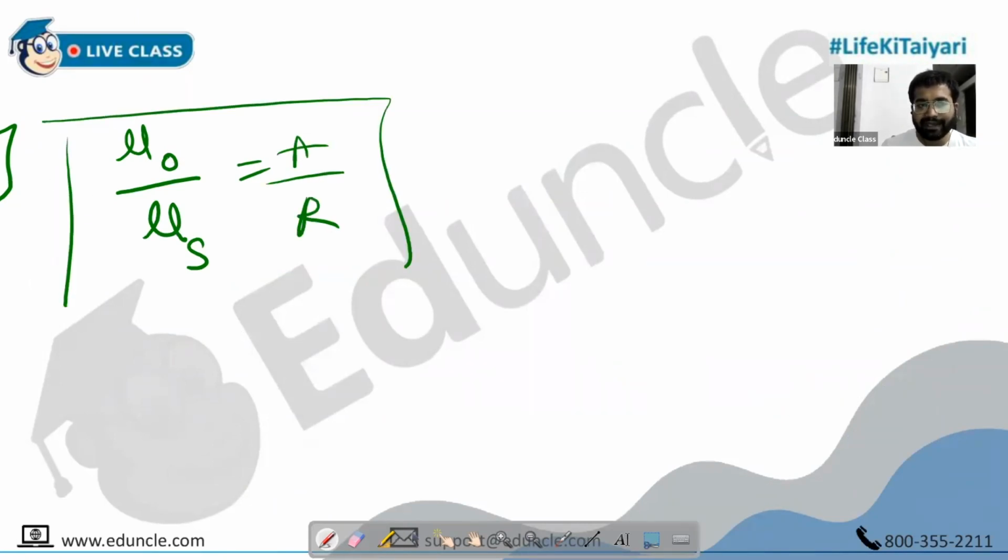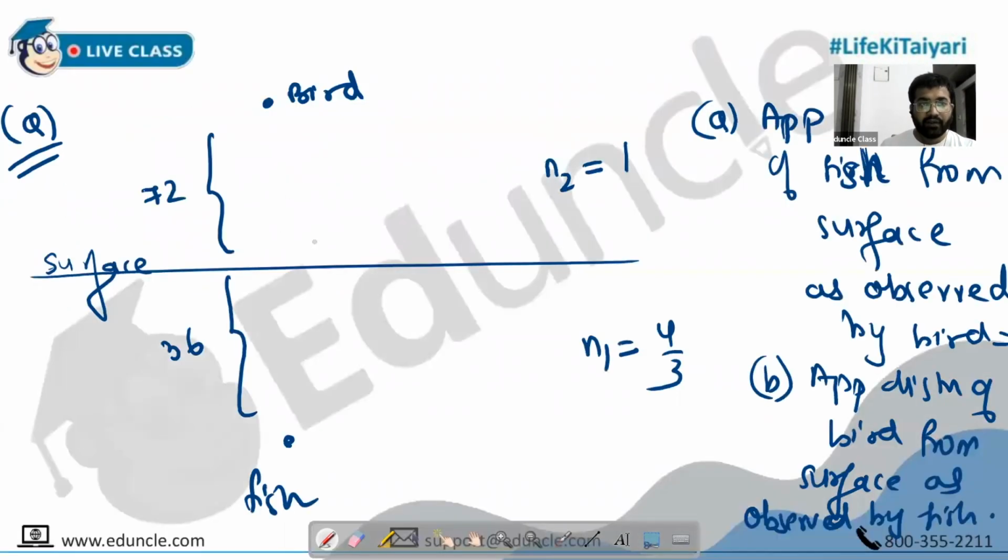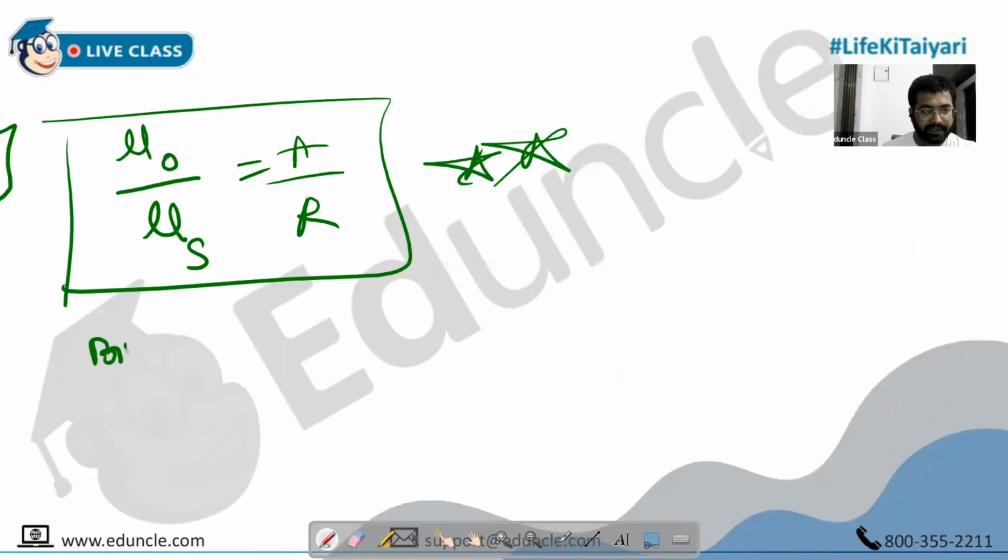How about remembering it like this? It is better, no? Observer upon source, because second will be observer and first is source. That is the meaning of apparent upon real. Clear? So let's take the first case. We will remember it this way. When bird is observer and fish is source, because the first case is as observed by bird. Who is the observer? Bird is the observer.